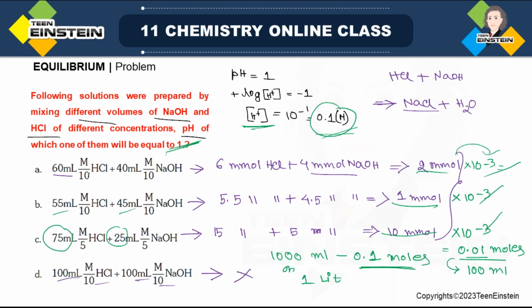This number of moles is present in 100 ml, and in all these cases the total volume is 100 ml. So for 1000 ml it is 10 times higher. That is why it is now 0.1, and this is according to the definition of molarity. This is the molarity value 0.1. So this should be the correct option, option C. Okay.